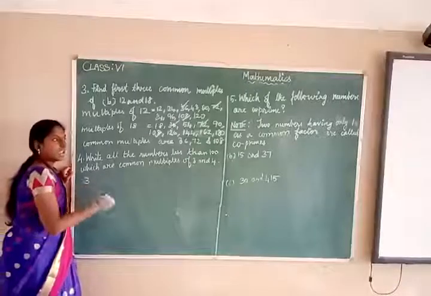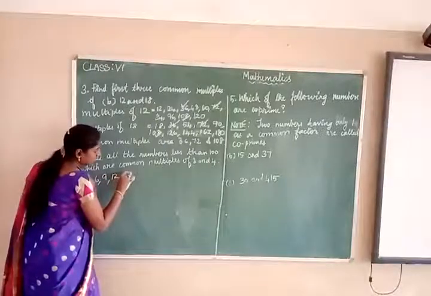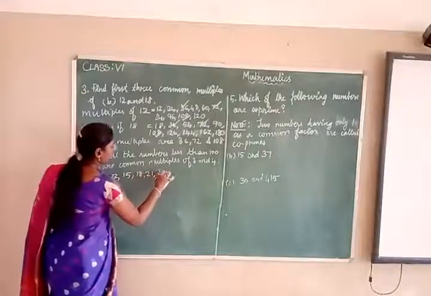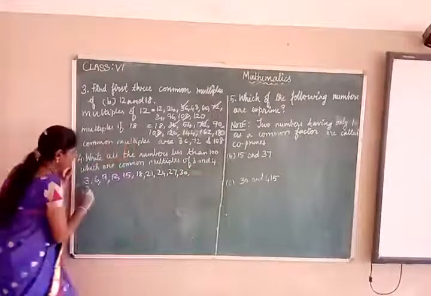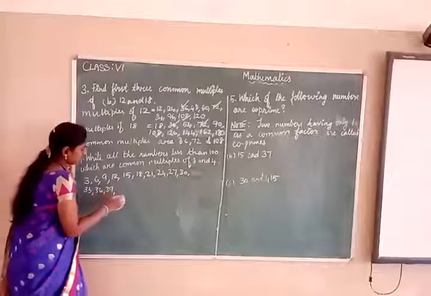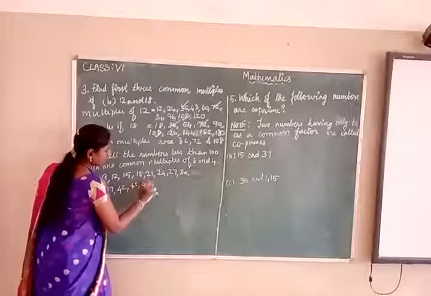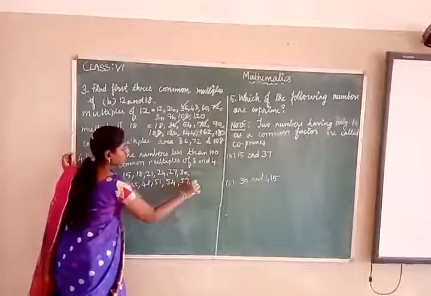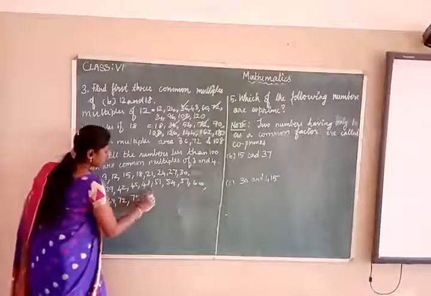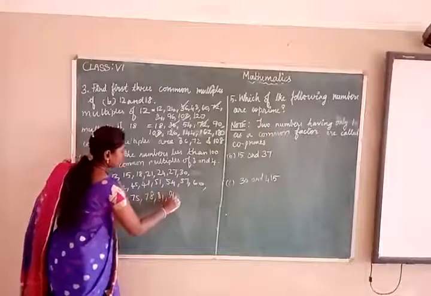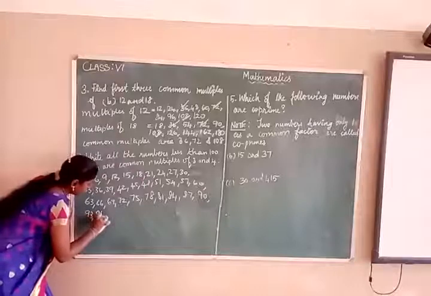Till 99 we have to write: 3, 6, 9, 12, 15, 18, 21, 24, 27, 30, 33, 36, 39, 42, 45, 48, 51, 54, 57, 60, 63, 66, 69, 72, 75, 78, 81, 84, 87, 90, 93, 96, 99.